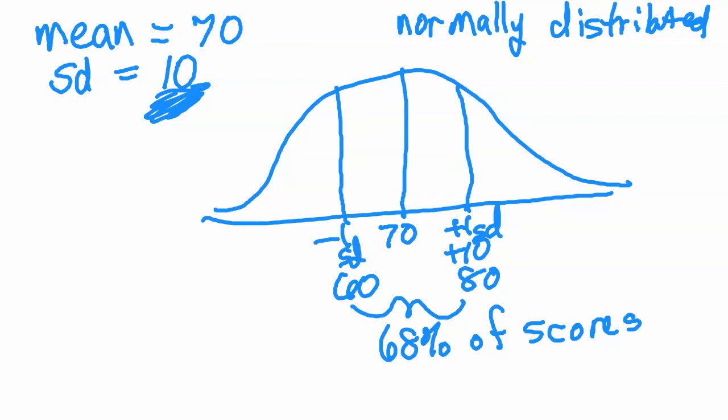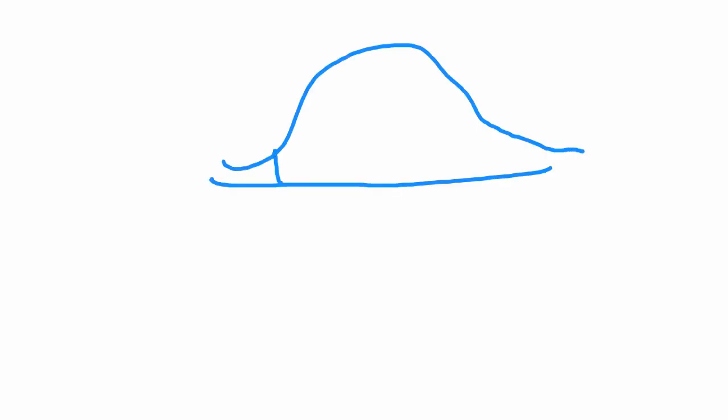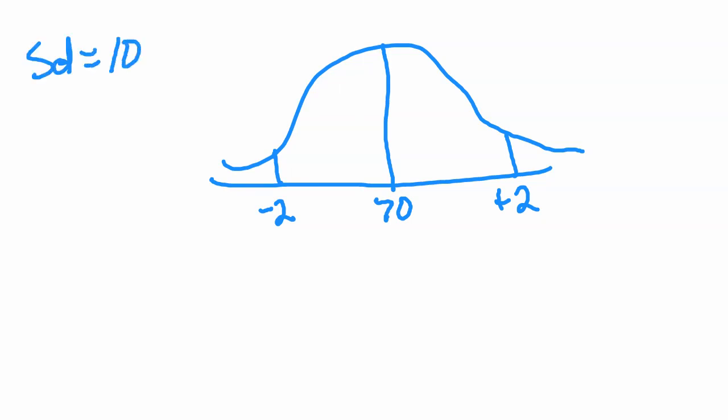And then you could keep going and you could also say -2. So we said the mean was 70 and then +2. So remember the standard deviation was 10. So 2 times 10 is 20.